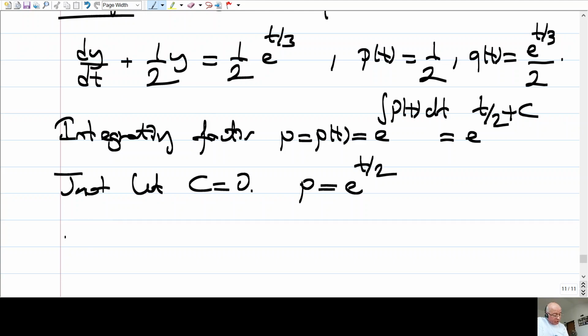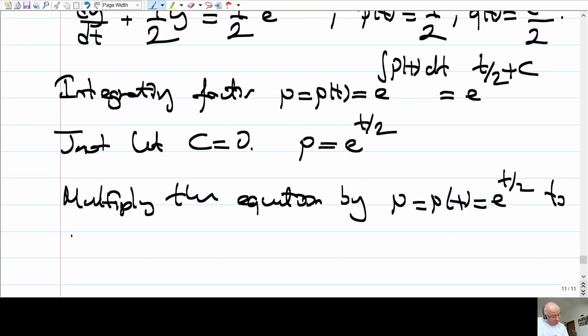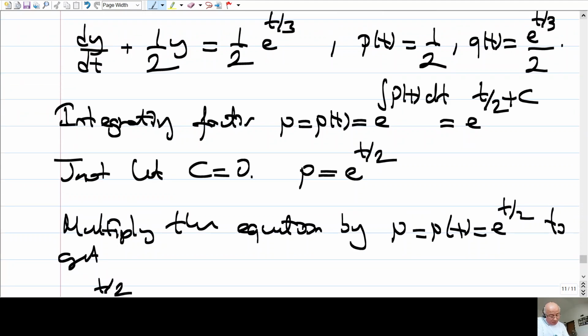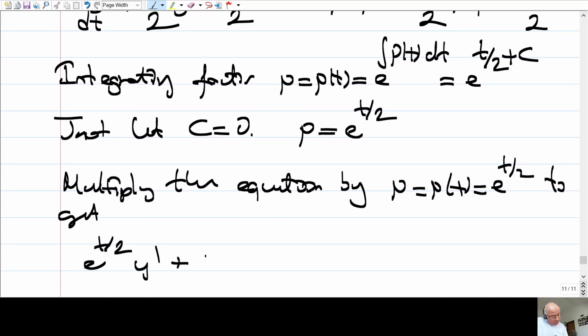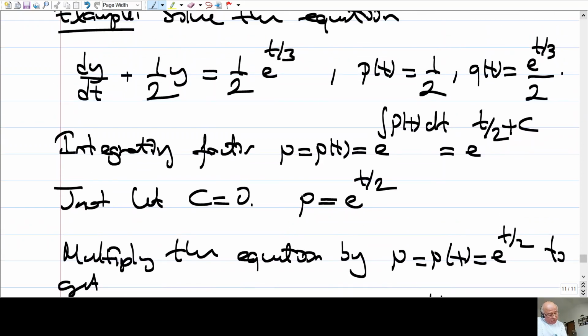And then we do what? We multiply the equation by the integrating factor to get e to the power t over 2 times y prime, plus e to the power t over 2 times 1/2 times y, equals e to the power t over 2 times 1/2 times e to the power 3t over 2.